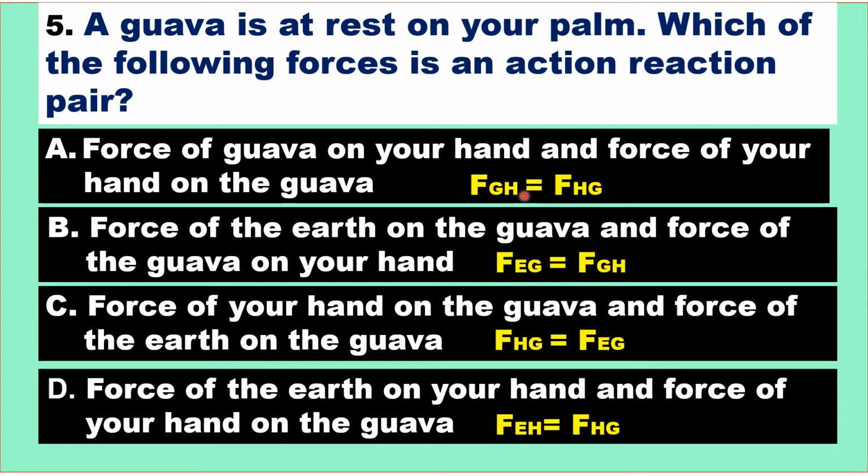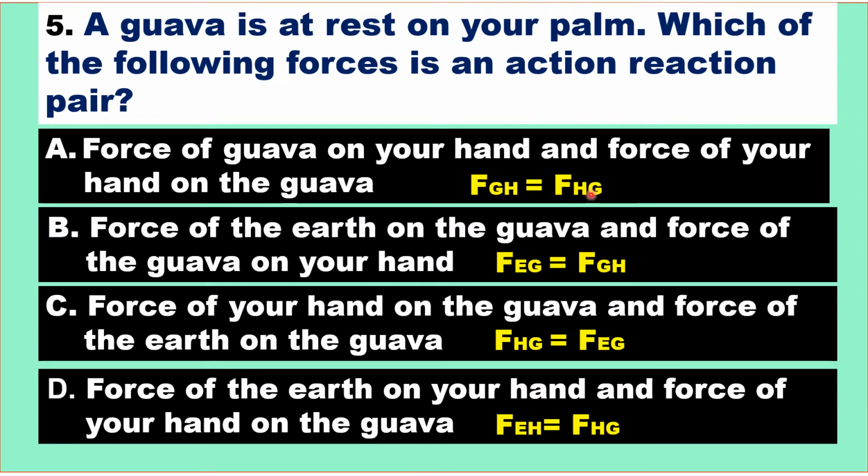We said earlier in one of the questions we tackled, to find out if the two forces given are action-reaction, all you have to do is examine the subscript. For example, for the first one, force of guava on your hand, should the reaction to that force be labeled as FHG? Notice what happens to the subscript. All right?